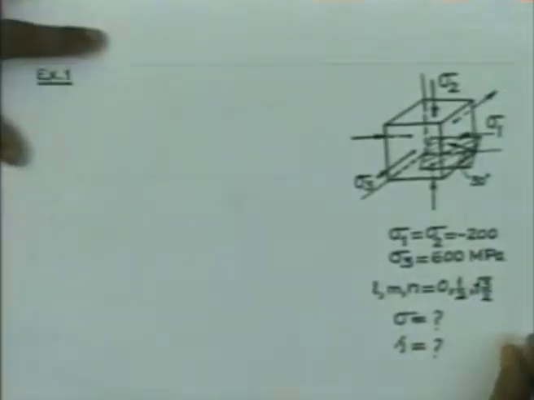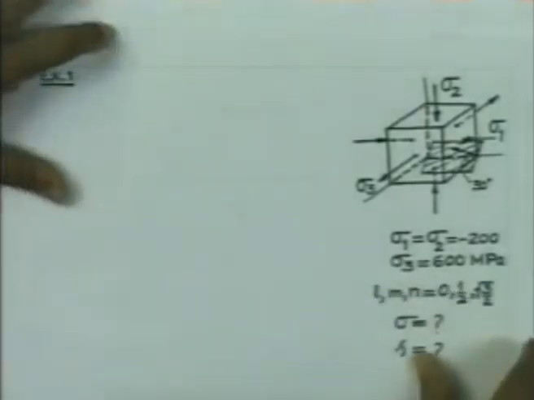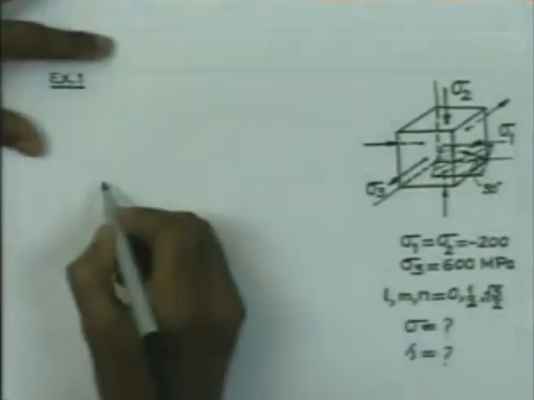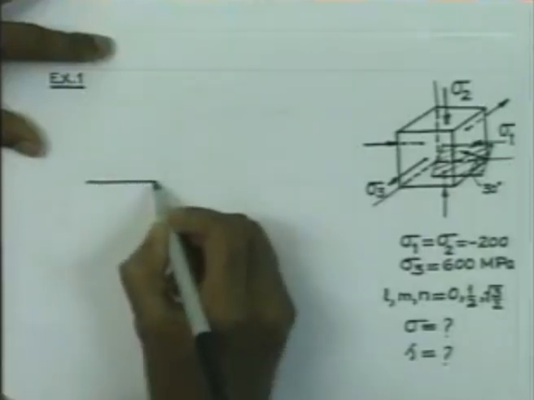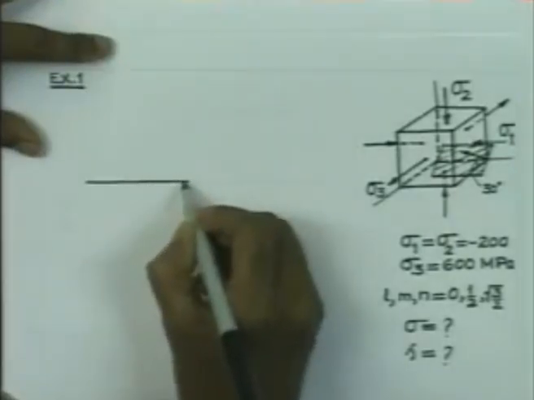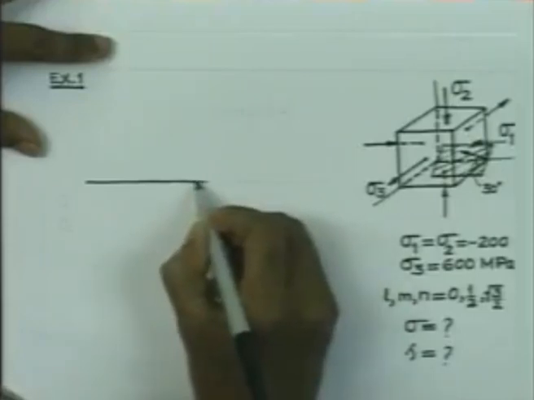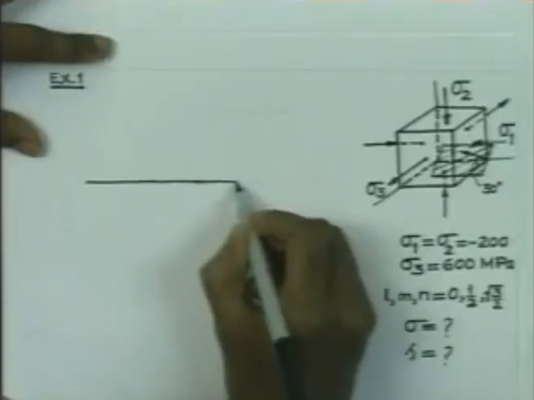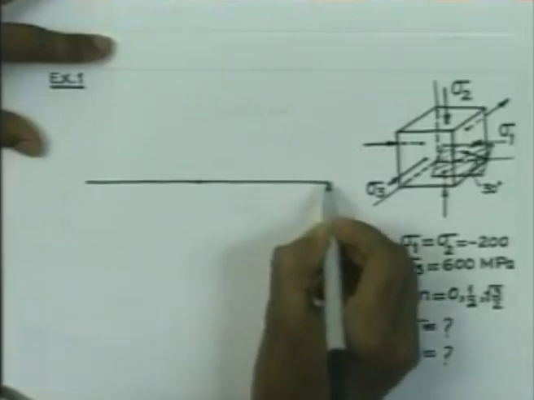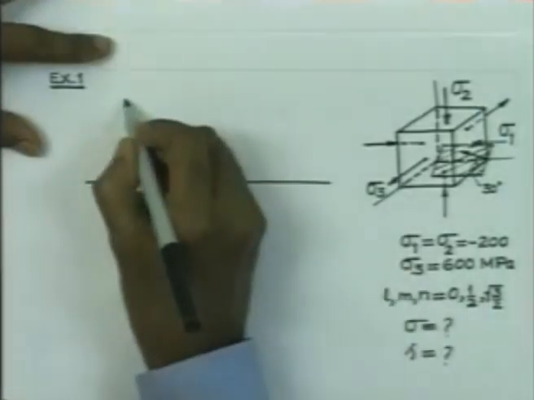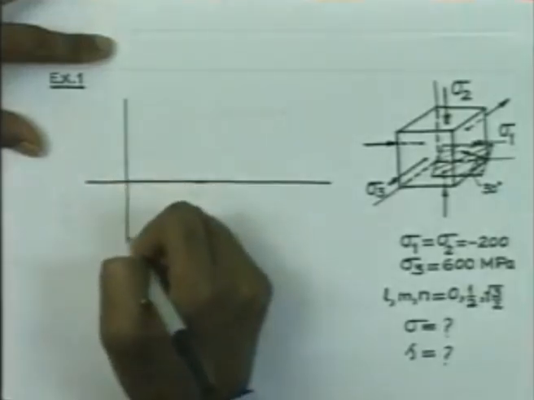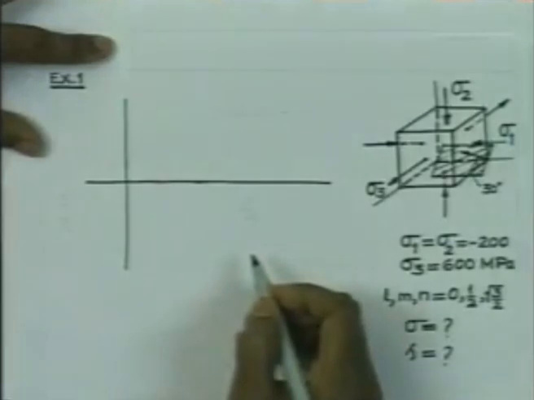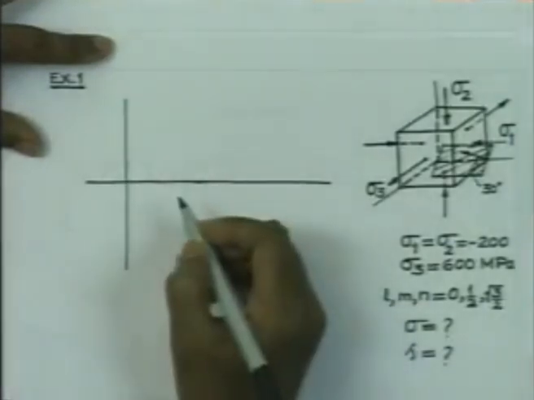So, let us now draw the Mohr circle. You select the two axes. Let us select the scale such that 1 centimeter is equal to 100 MPa.